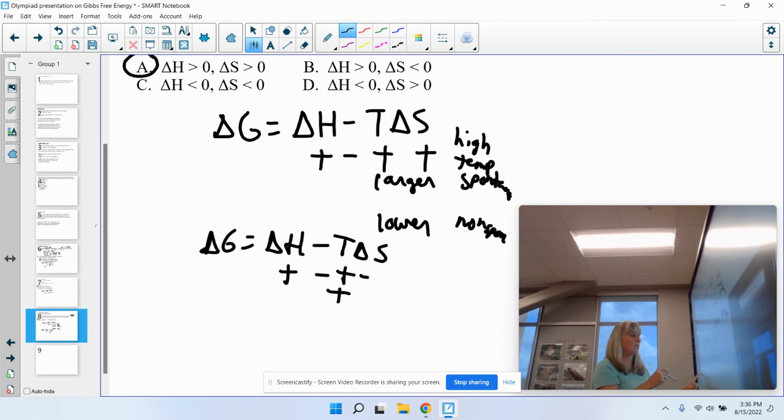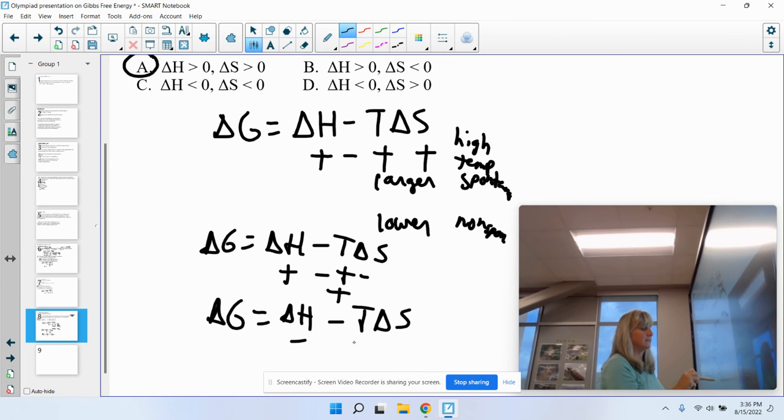S is negative, when they're both negative. So in this case, if delta H is negative and delta S is negative, then once again we have a minus a negative, so that would be a plus. So this was like that other example.